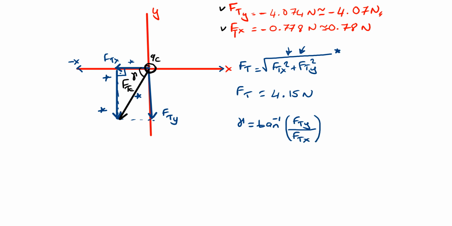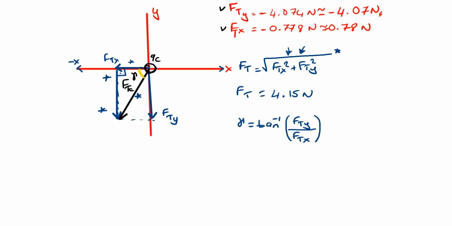Keep in mind though, that angle is always the angle the force or the vector makes with the x-axis, but the smaller angle. What I mean by that is, notice the smaller angle here.